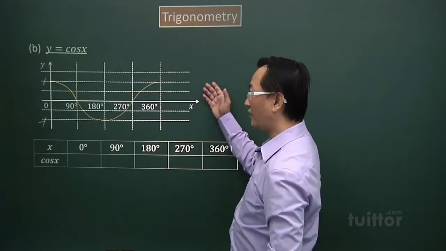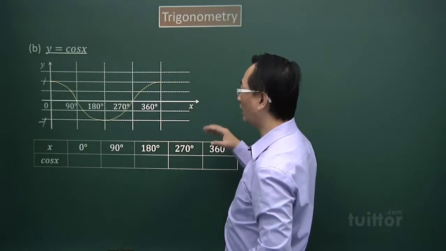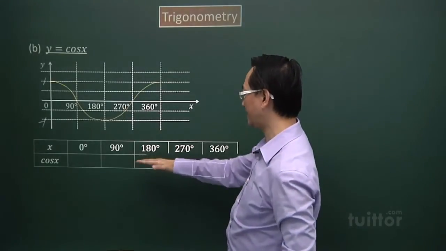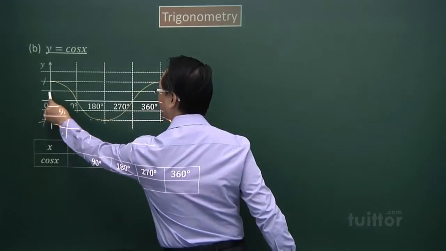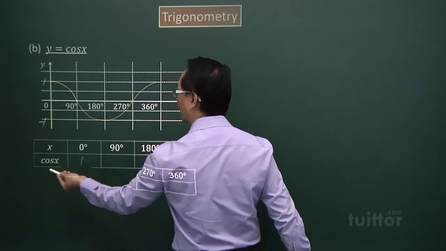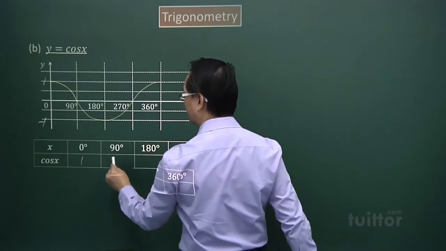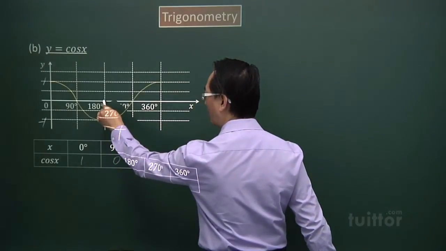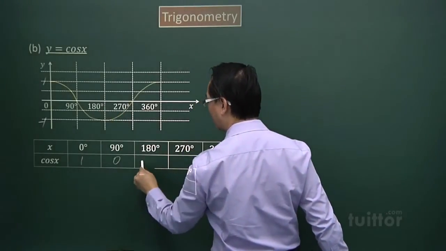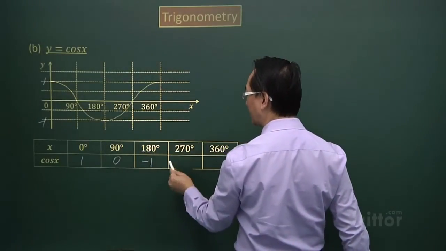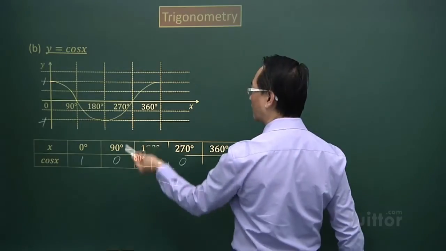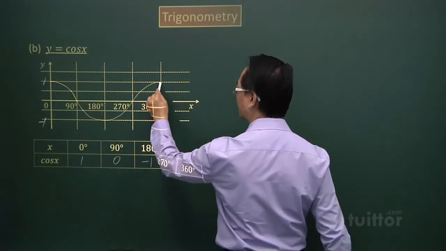Now this graph, if you have it in your head, will help you remember these values. So cosine 0 degrees is 1, cosine 90 degrees is 0, cosine 180 degrees is negative 1, cosine 270 is 0, cosine 360 is 1.